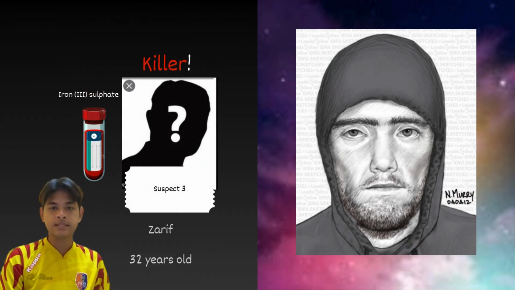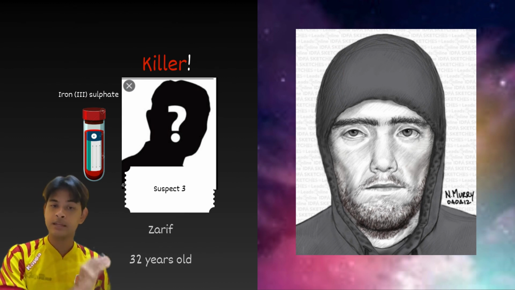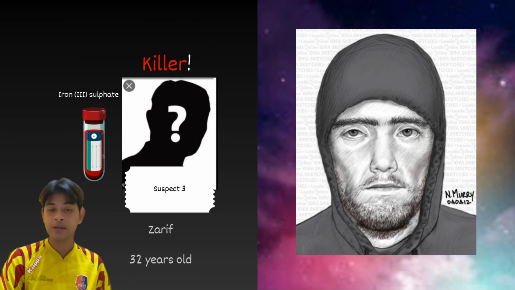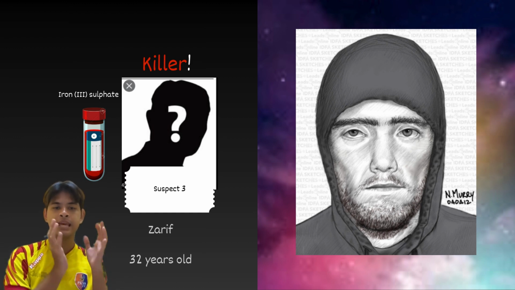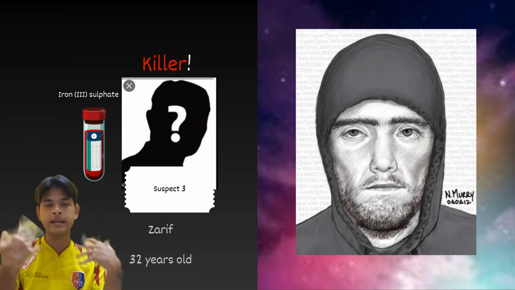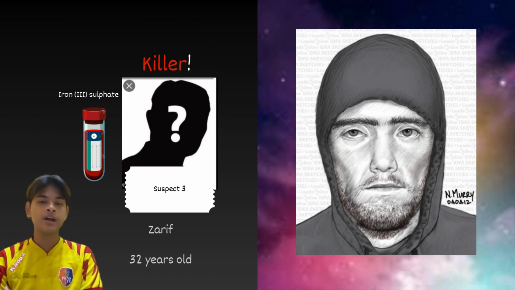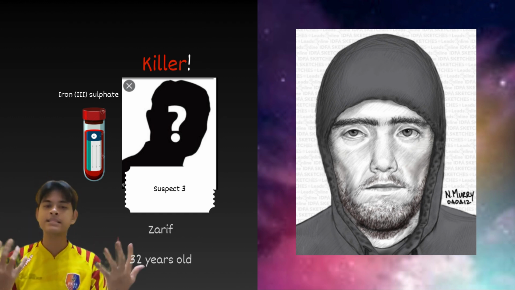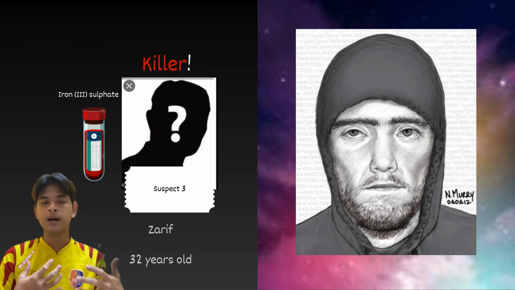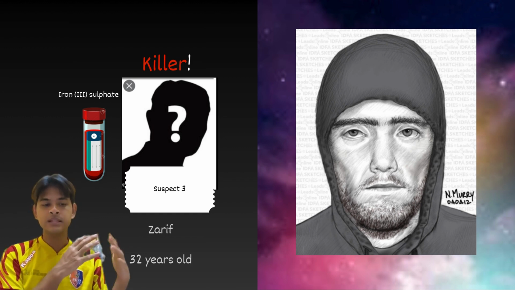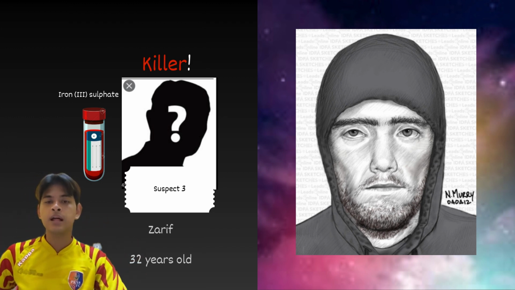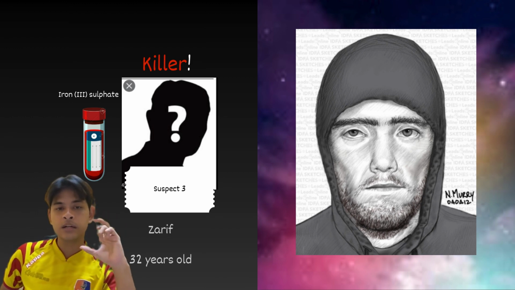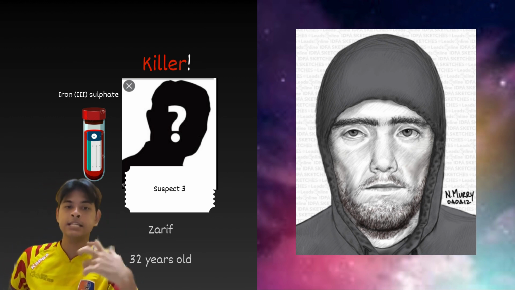So this is the answer for our kit: the killer of the victim in the case is suspect 3, who has iron(III) sulfate, where the cation is iron(III) and the anion is sulfate ion. They see this by the color changes when they react these anion and cation in the specific solutions that have been given by us.